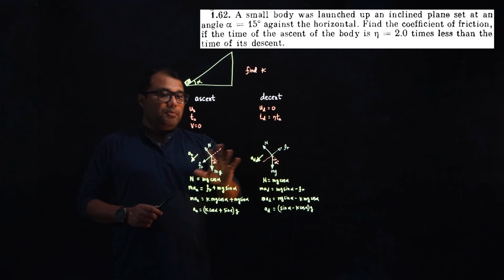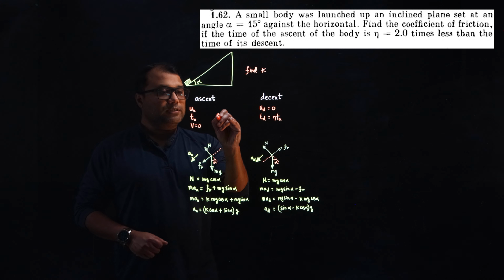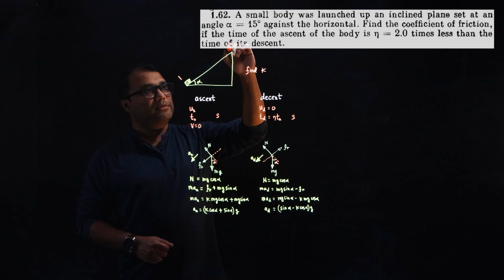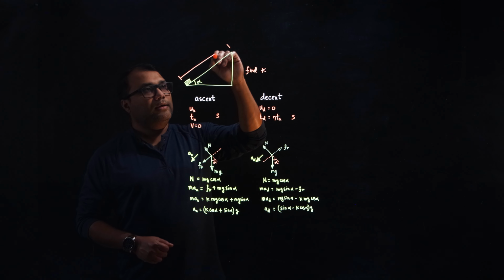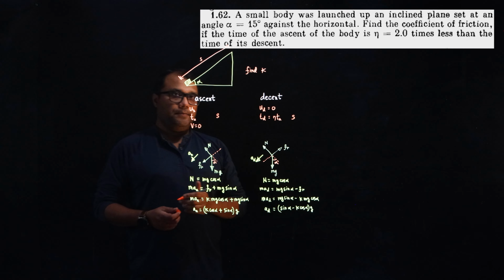Okay, now what's common between these two? The common thing is the distance traveled, which is S. It is the same distance that is being traveled in both the ascent as well as the descent.